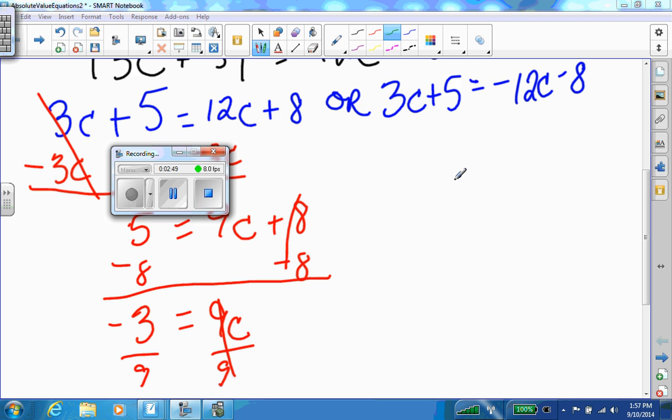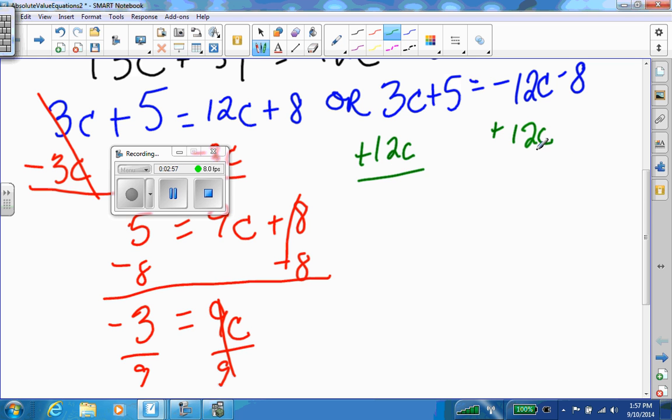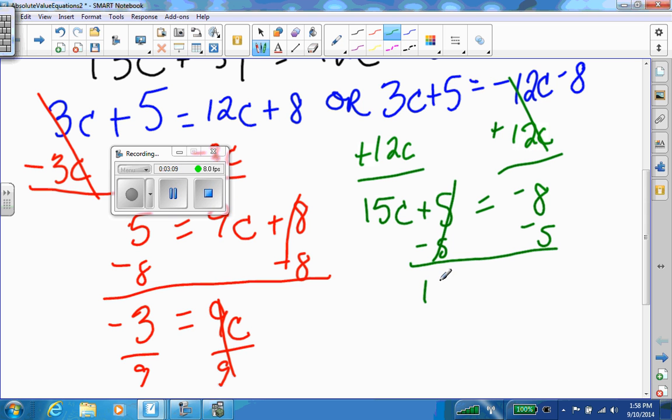So let's solve the other equation. Here I'm going to add 12c to both sides. So that's 15c plus 5 is equal to negative 8. Subtracting 5 from both sides of the equation, that gives me 15c equals negative 13.